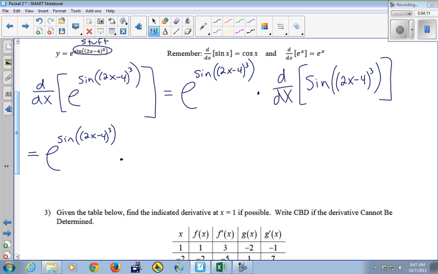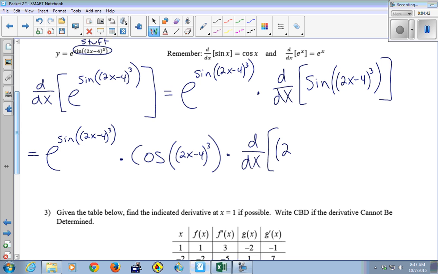Now I want to take the derivative of the sine of some stuff. The derivative of the sine of some stuff is the cosine of the stuff times the derivative of the stuff. So this is going to be e to the stuff times the cosine of the stuff times the derivative of the stuff. In this case, we take the derivative of (2x minus 4) cubed.